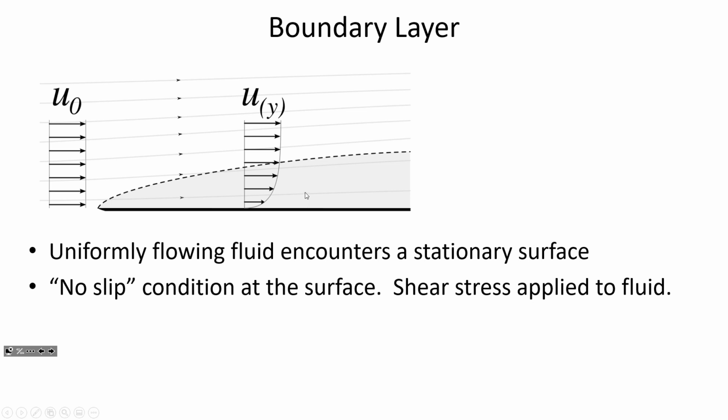Any questions so far? Okay, let me ask you a conceptual question. What if this velocity increased? Think about what the shape of this boundary layer would look like if suddenly we sped up the velocity of the water that's approaching the surface. I guess there's three options.